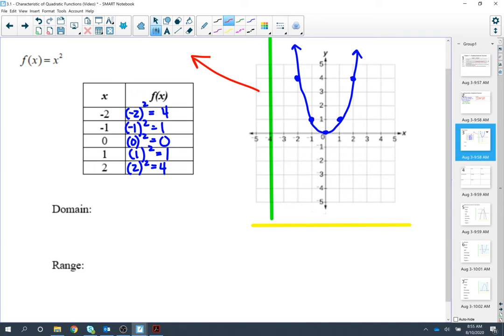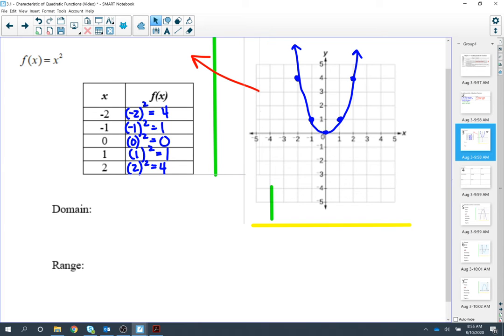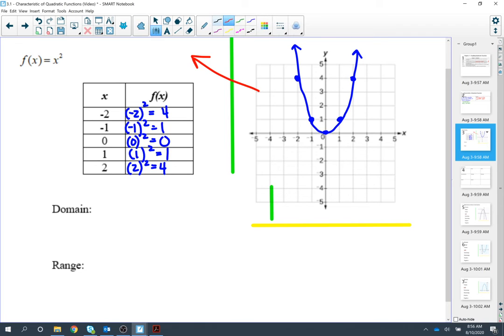So yes, your domain keeps going forever in that direction. It just keeps going. Okay, so domain, if we keep going the whole way to the left, we're going to start with, and I'm going to write this in two different ways.